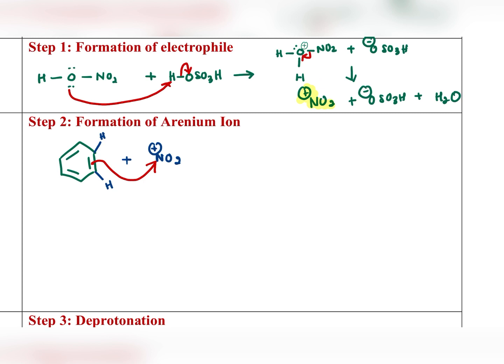Okay, so you will form a set of arenium ion resonance structure. Mesti tunjuk resonance structure. Okay, and ada 3 lah.